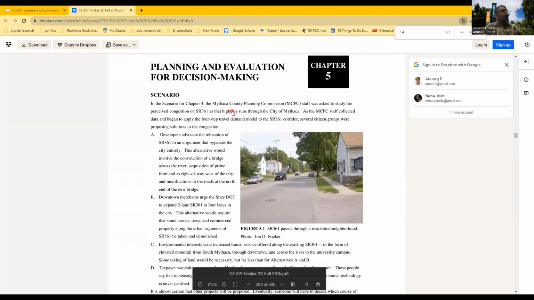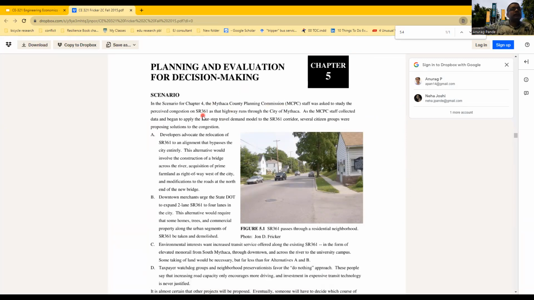So that's an MPO. These MPOs are regional agencies that make decisions at the regional level. So they look at corridors that connect one city in the region to another, and they also help out with connections of that region to other regions of the state and the country, right? So they look at that part of infrastructure as well. So they can make broader decisions.